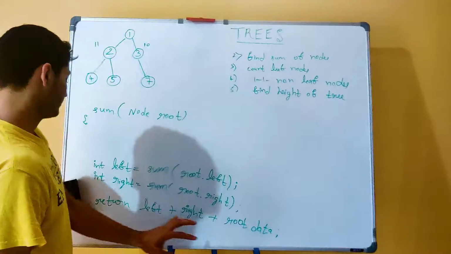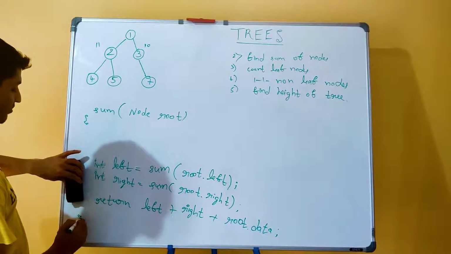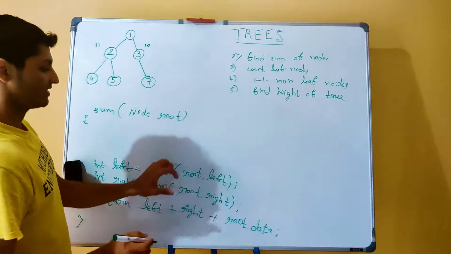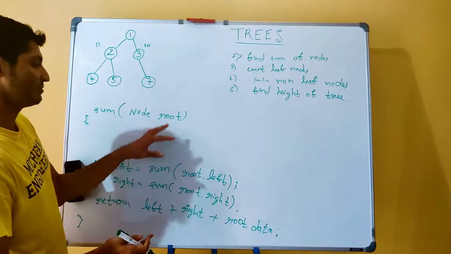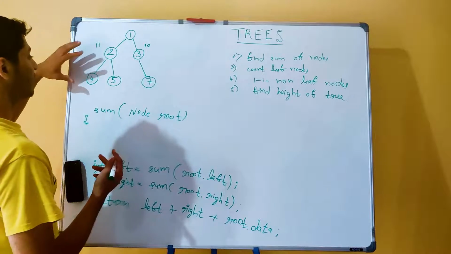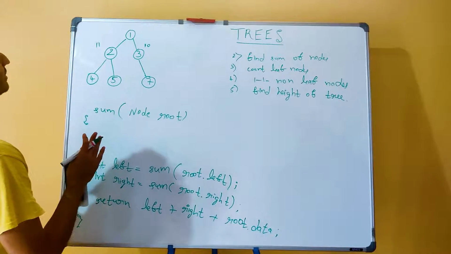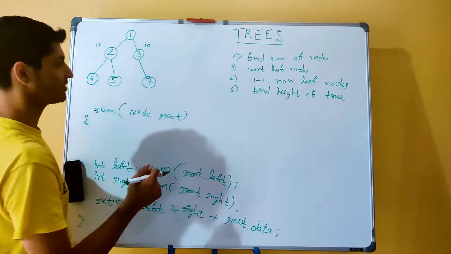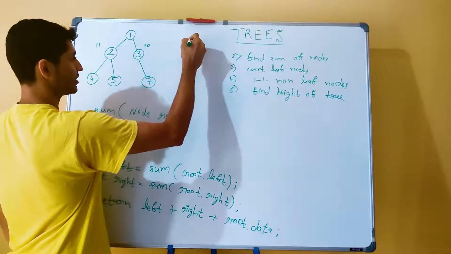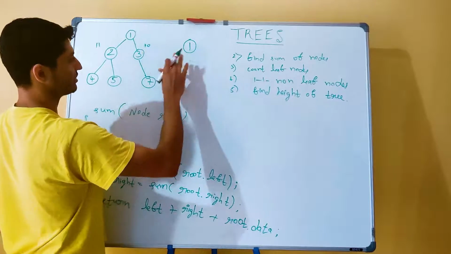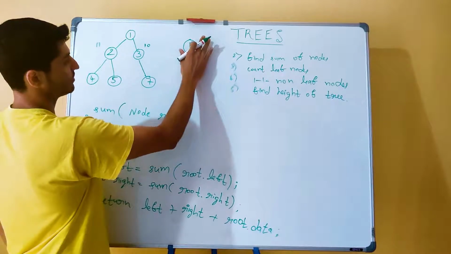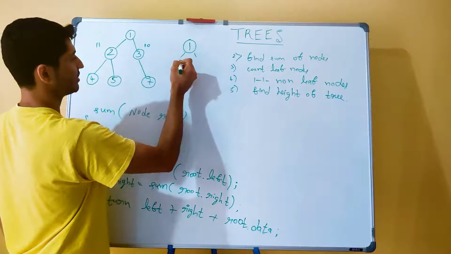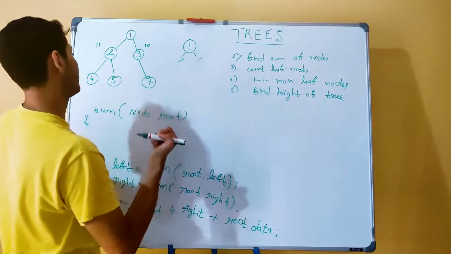Okay, so once we do this, our problem is solved, but the only case that is left out is the base case we have to add. How do you find the base case? Just apply your function for a small problem. Consider a small tree which has only one node. Its left and right subtrees will be null.